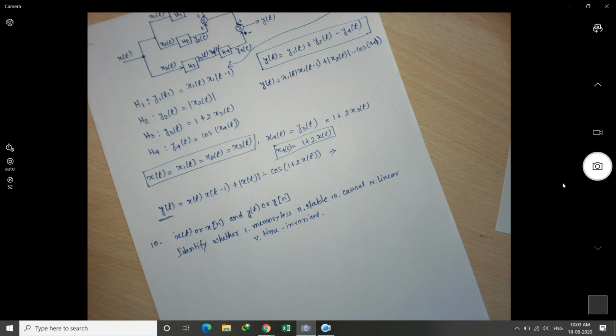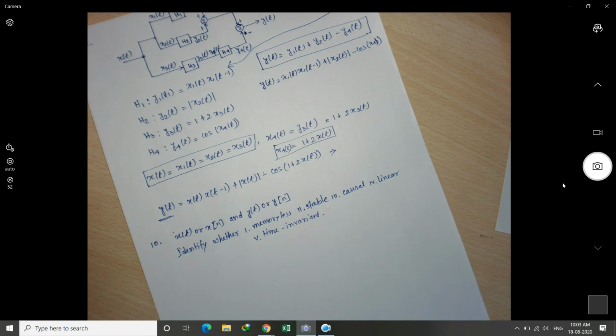If bounded input has been given, the system should produce bounded output, right? So the input should be some finite value, so accordingly the output which is produced from the system should also have a finite value.